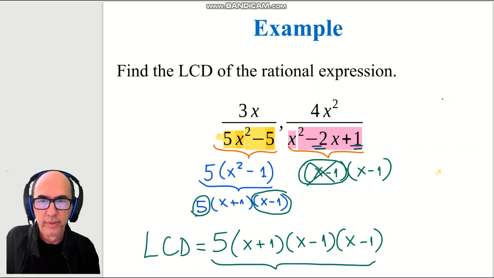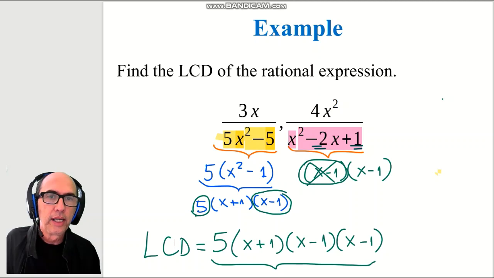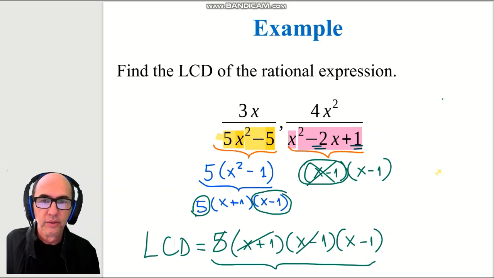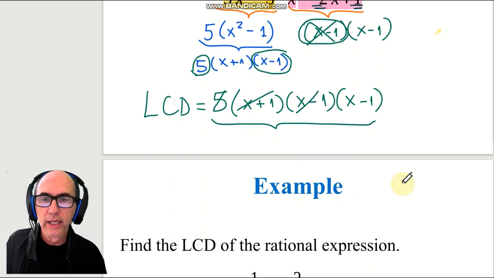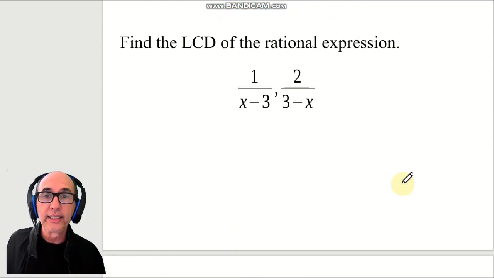For instance, if you divide this least common denominator by 5x squared minus 5, it will cancel out 5, it will cancel out x plus 1, it will cancel out x minus 1. We always keep something, right? We simplify everything, but we keep an expression. Sometimes we keep just 1. We will see more about it later.